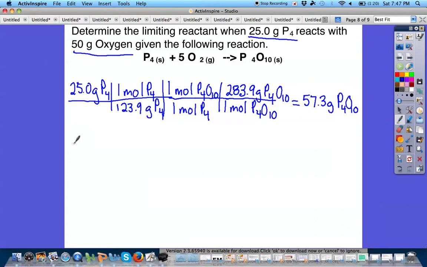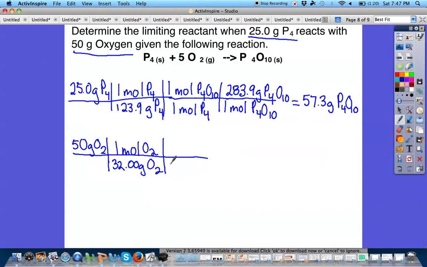So then we're going to do the same calculation with the starting amount of 50 grams of oxygen in order to determine which one, if it's P4 or oxygen, is the limiting reactant. So the molar mass of oxygen is 32 grams per mole. And then we need to look at our chemical equation.